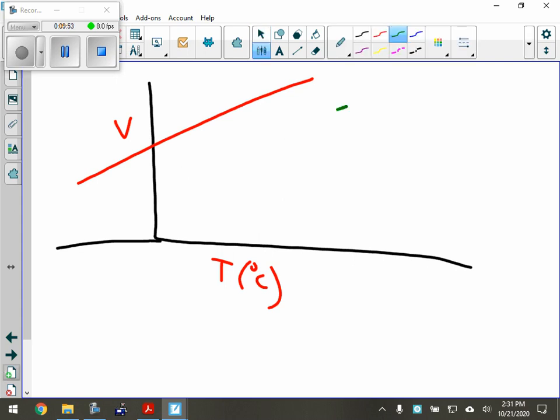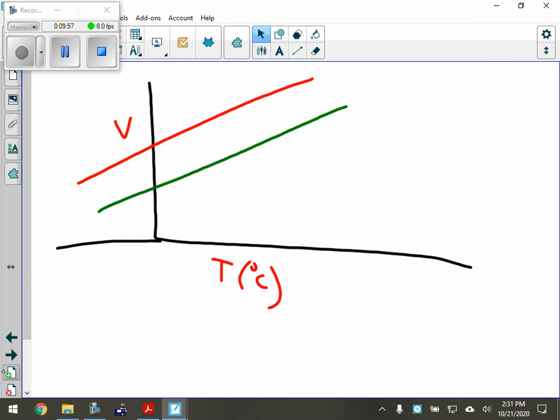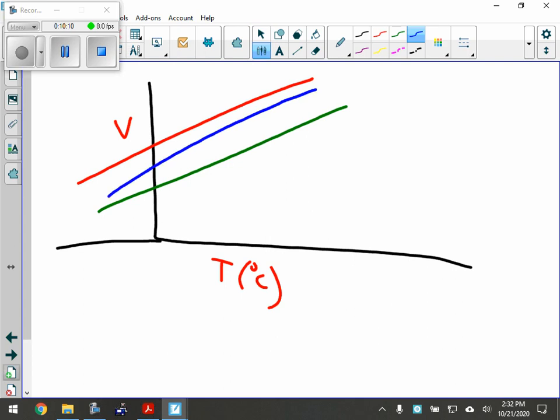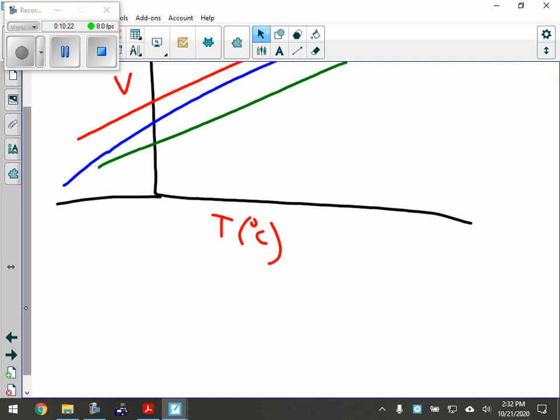He grabbed another gas, some oxygen, and did the same thing. At some point it turns to a liquid, maybe not at the same point, maybe less or higher. He grabbed some nitrogen gas and did the same thing, maybe getting a little lower. He did this with a bunch of different gases and said, wait a minute.